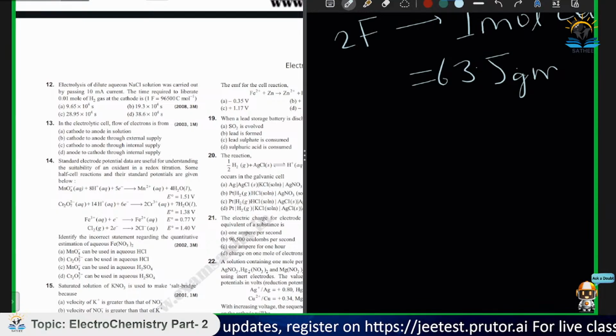In the electrolytic cell, the flow of electrons from anode to... Okay, not in solution, that's wrong. Anode to cathode with external supply, because anode is oxidation.